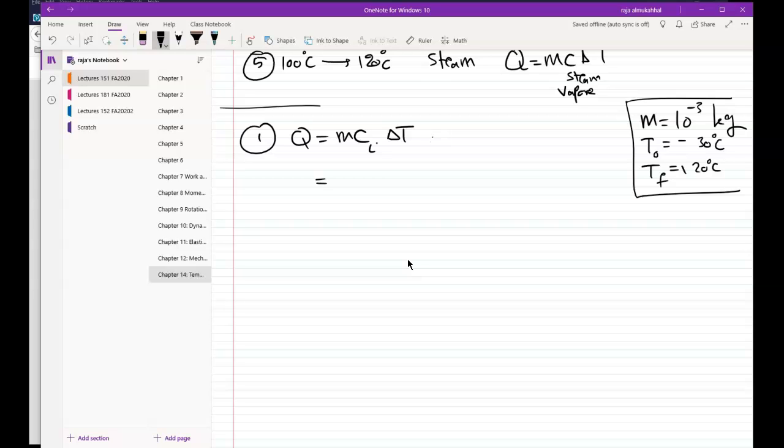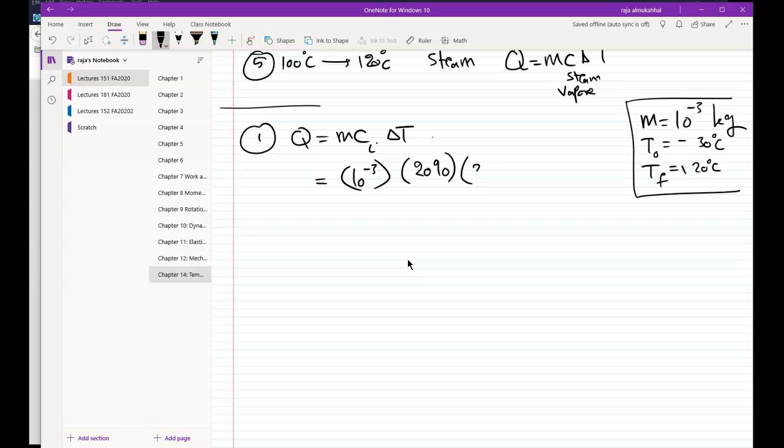Okay, so the first one is from negative 30 degrees Celsius to 0 degrees Celsius. And that will be 10 to the negative 3, and then specific heat of ice is 2090. Look it up. And then delta T. Remember, delta T has to be a positive number. So what is it? Basically the difference between them, and make sure it's positive.